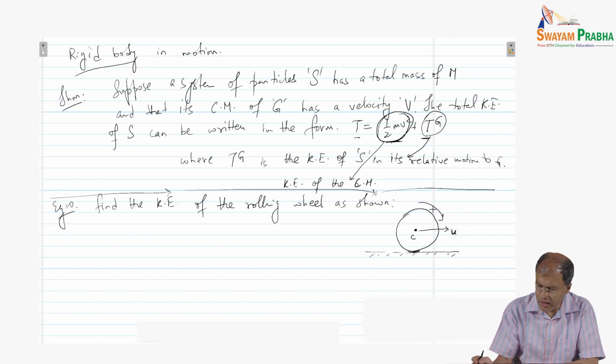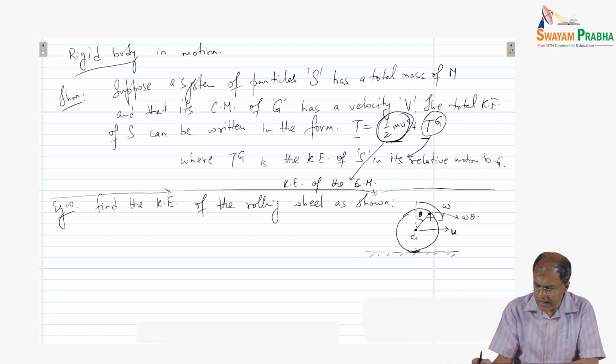Since it is rolling, let's say its rolling angular velocity is omega, and let us now try to show the geometry. Let's say at any given point of time, the angular displacement of any given particle on the wheel is theta. So any particle P has moved by a distance a theta, right? So that's the length of the sector.